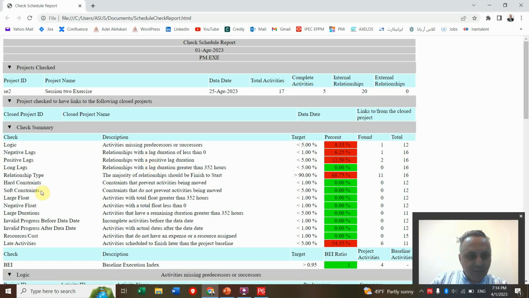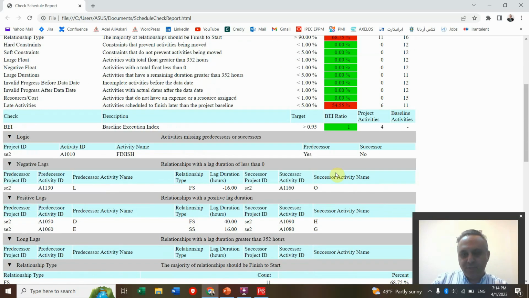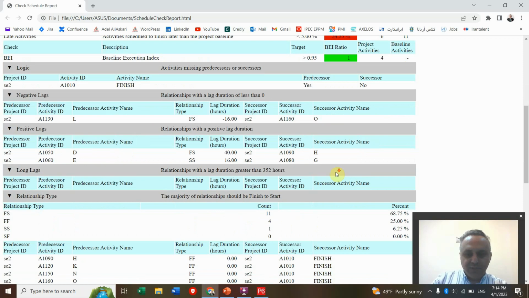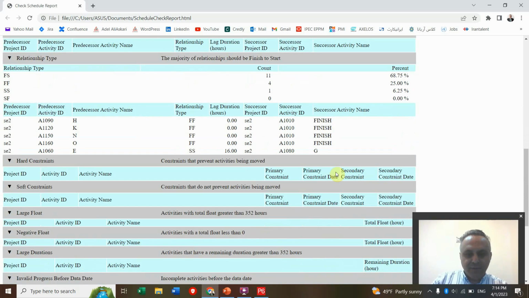This is the summary of the report, which shows that I failed in some criteria, for example the logic and the negative lags. The red one generally means that I failed in this criteria, and the green one means I passed. And if you want to go to the details, you can scroll down and continue the report to see the details of your schedule health check.